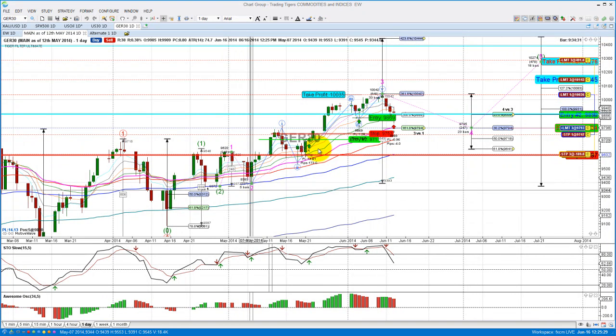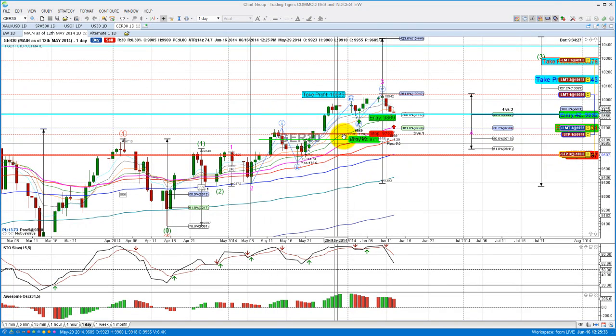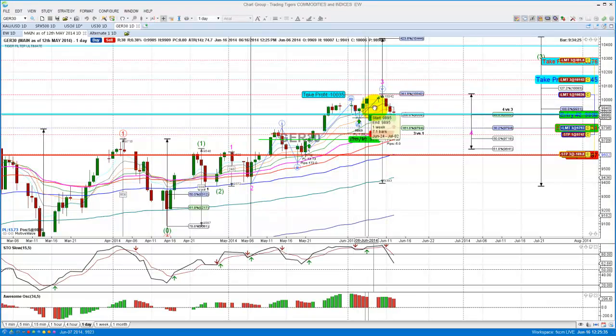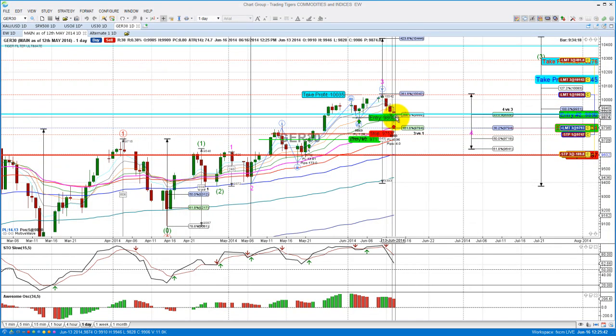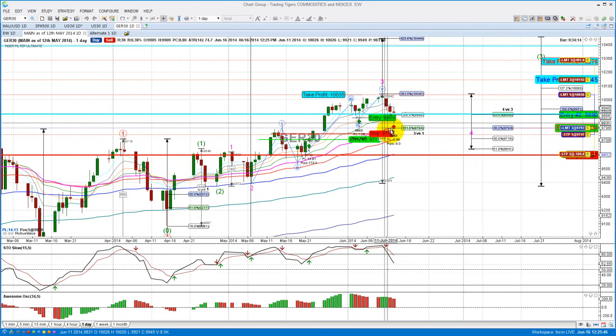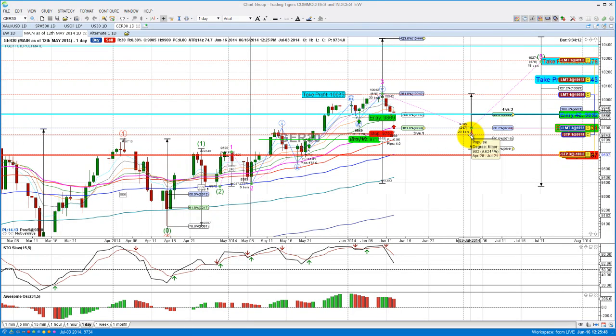That's off the minor degree. That's in pink and brackets. We weren't able to close it out, and the price, of course, came shooting down after 3 days, put us into an entry for this wave 4.